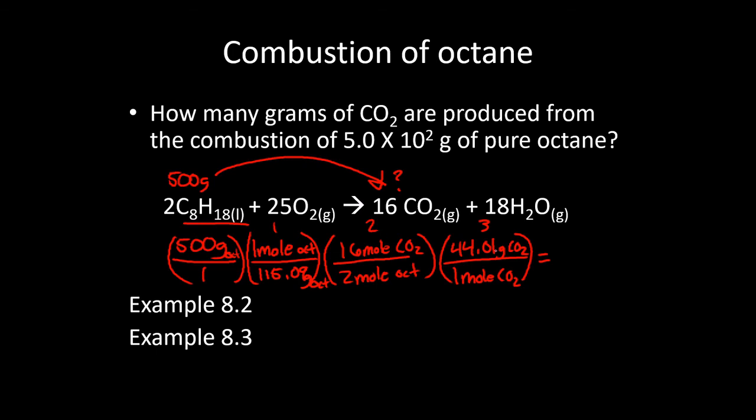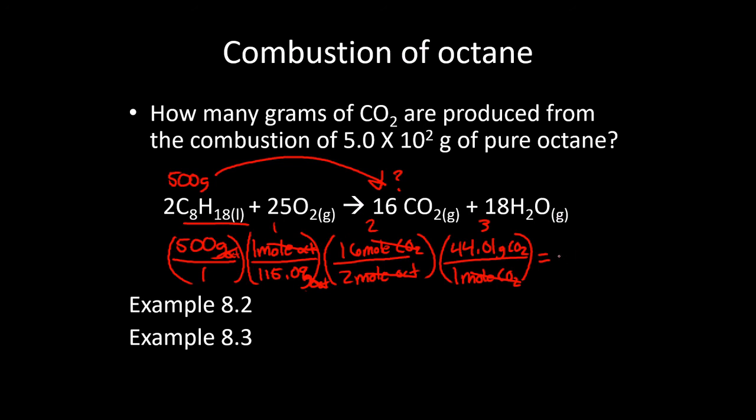So, if I check my units here, grams of octane cancel, moles of octane cancel, moles of CO2 cancel, leaving me with grams of CO2. So I have 500 divided by 115.09 divided by 2 times 44.01.